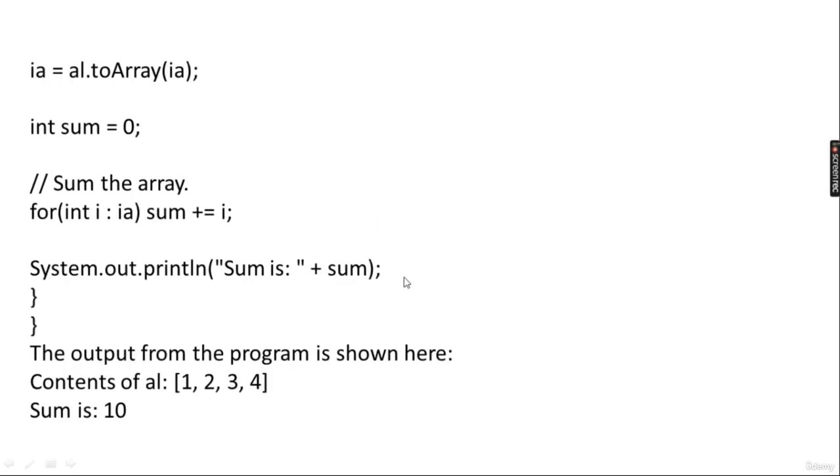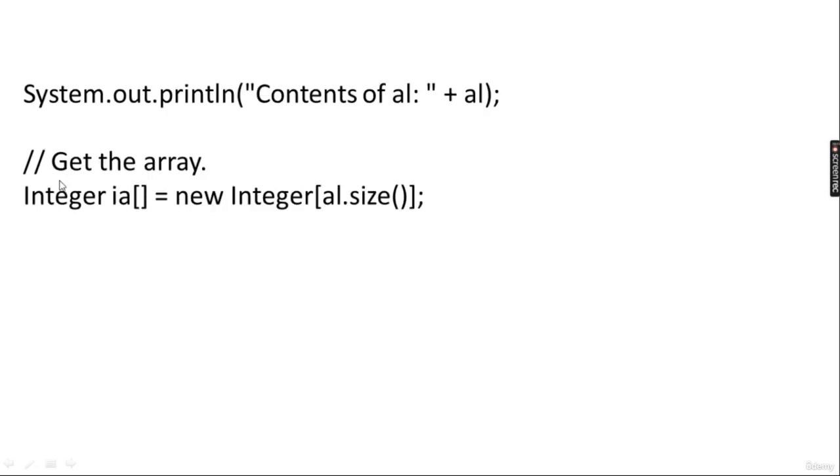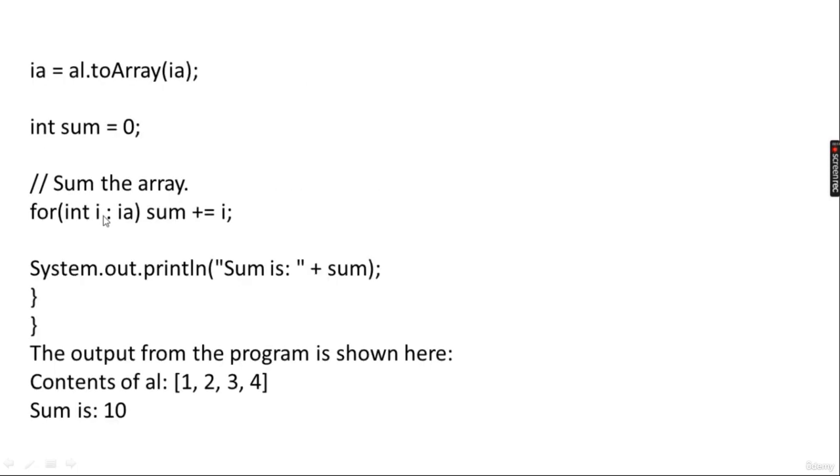Then ia = al.toArray(ia), and you are passing this ia. Its type is Integer, and you are converting and storing it into the Integer array ia. Then sum. What you are doing: for Integer i : ia, for each and every element in the Integer array, we are fetching it into i and summing it up, like sum = sum + i.